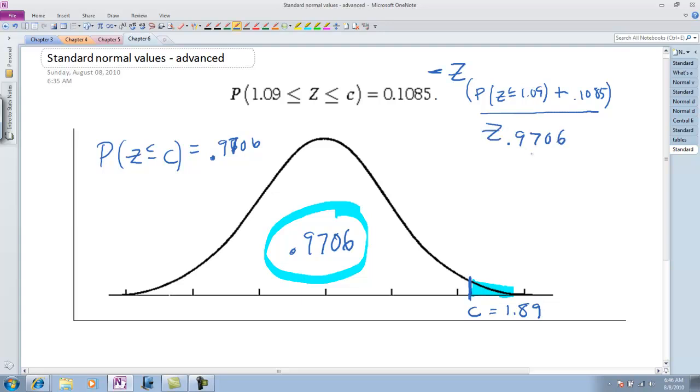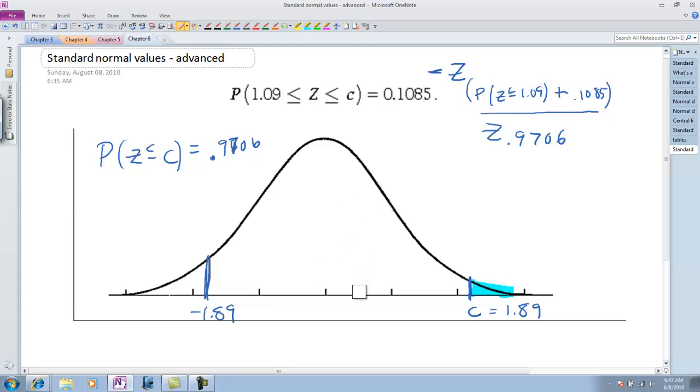If I do Z of that, it's going to give me a value way over here at negative 1.89. And it's going to do that because it always finds for me the value of Z which produces this percentage to its right. And if I'm way over there on the left, at negative 1.89, 97.06% is to my right. And that's what that Z button does.